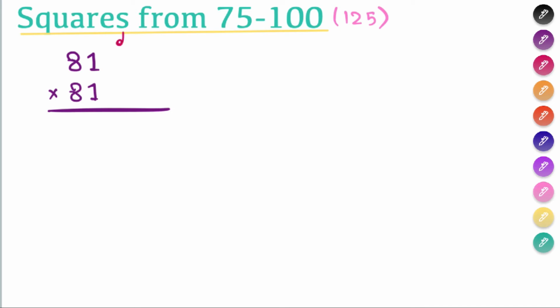Here we'll take a deviation, and of course we'll take the base equals 100 because we do know the multiplication table of 100. The deviation here will be minus 19, and it will be the same for both.